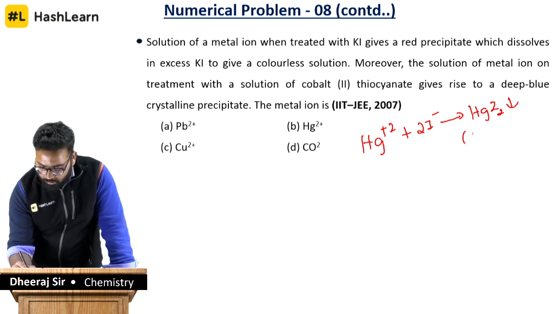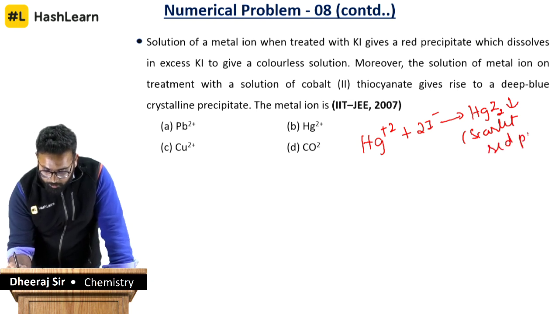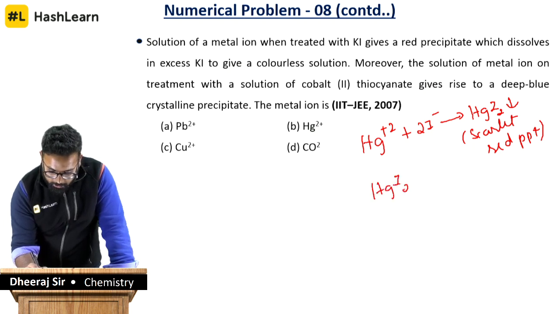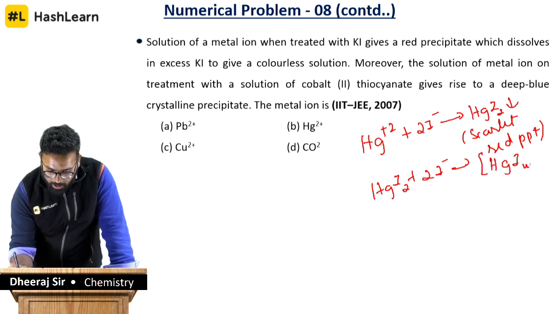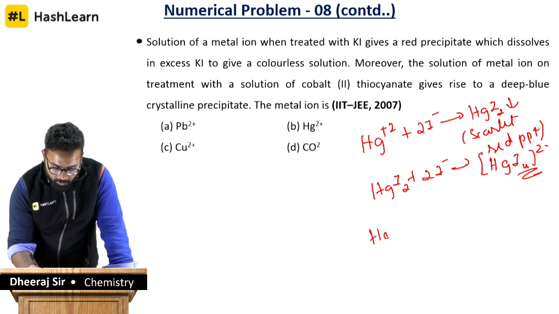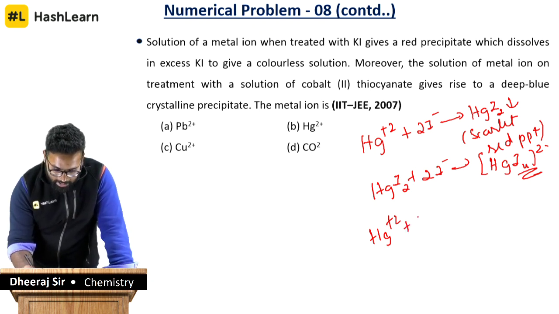Let me tell you, it is scarlet, as in it is a bright red precipitate. Next, what happens is this bright red precipitate reacts with excess of iodide ions to form HgI4 2-.